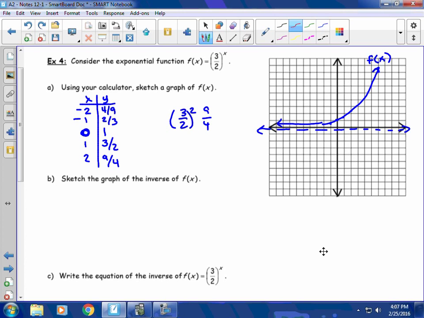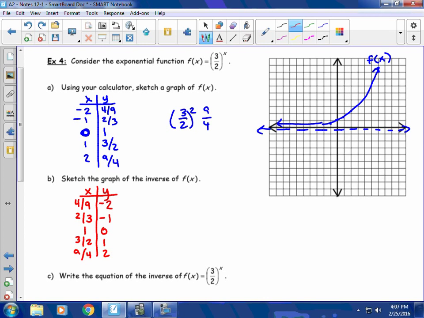All right, inverse now. I'm going to sketch a graph of the inverse. We need a table. How am I going to get my table? Switch x and y. So 4/9, -2; 2/3, -1; 1, 0; 3/2, 1; 9/4, 2. Go ahead and plot those.